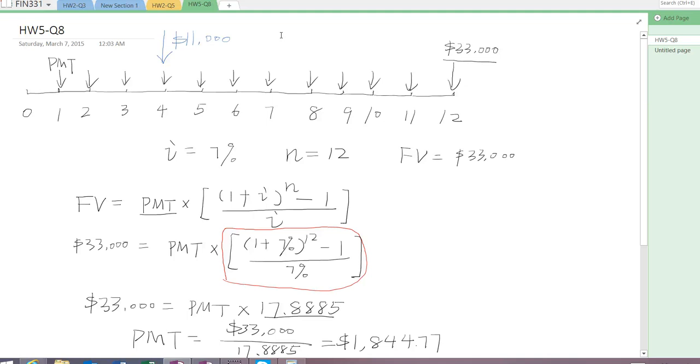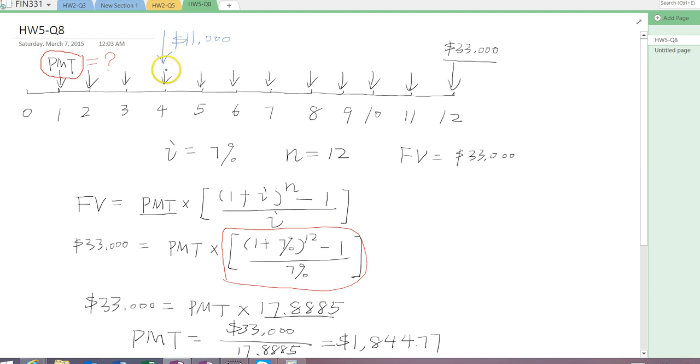And your goal is still this. We still need to get this annual payment. That's our goal, right? It's still the same as part A. We're trying to solve out this chunk, this payment.